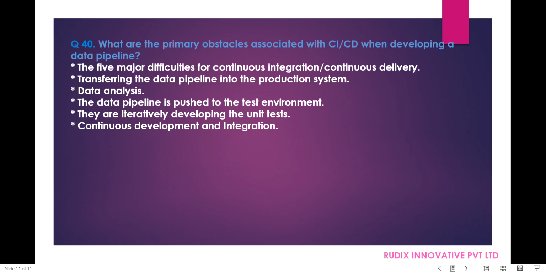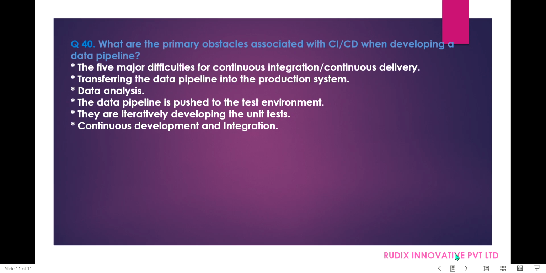What are the primary obstacles associated with CI/CD when deploying a data pipeline? CI/CD pipelines are powerful tools for automating the software delivery process, but they also come with some challenges that teams need to address.